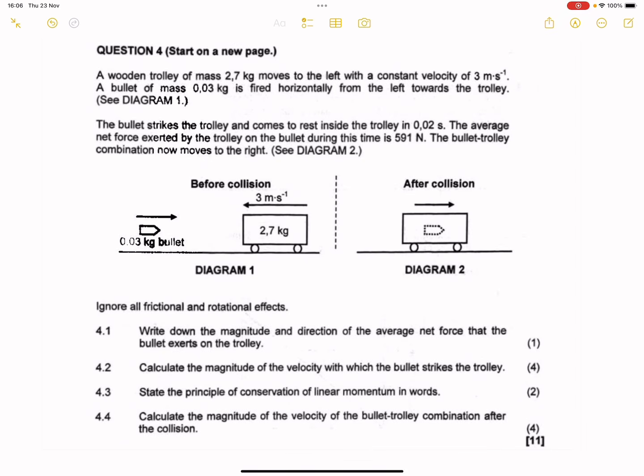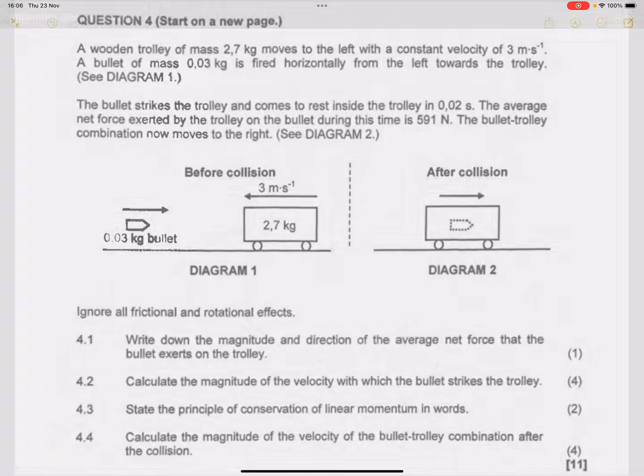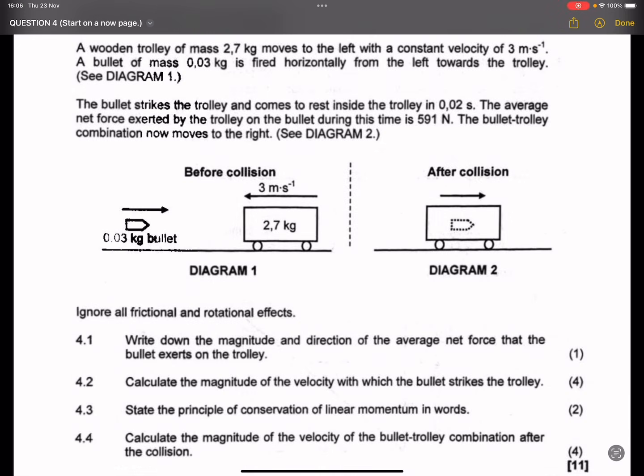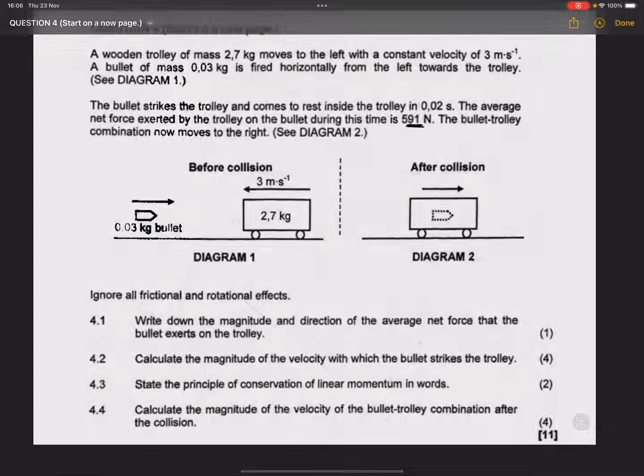First, they ask us to write down the magnitude and direction of the average net force that the bullet exerts on the trolley. According to Newton's third law, if body A exerts a force on body B, then body B will exert an equal but opposite force on body A. So if the trolley exerts a force of 591 on the bullet, the bullet will exert an equal but opposite force on the trolley.